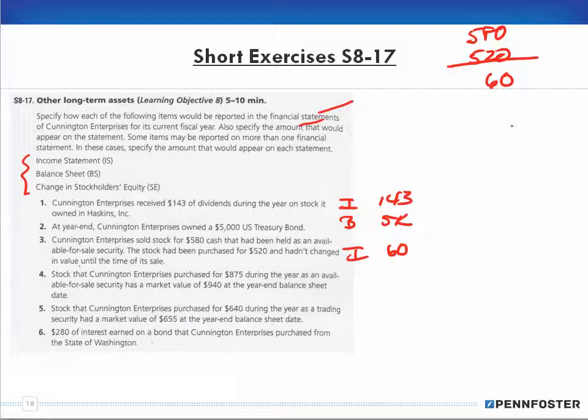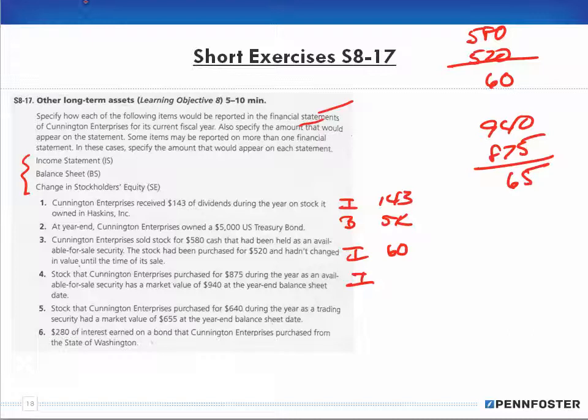Okay, so this has a market value of $940, and they purchased it for $875. So the difference between the two is $65. Now obviously there is a gain here. All right, so that gain is going to be shown on the income.